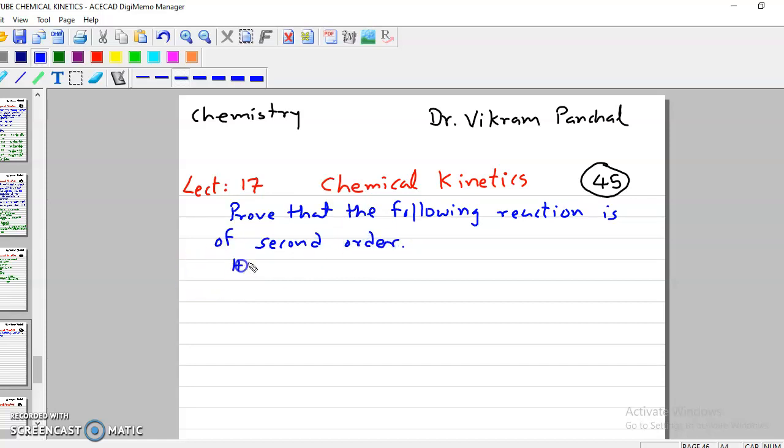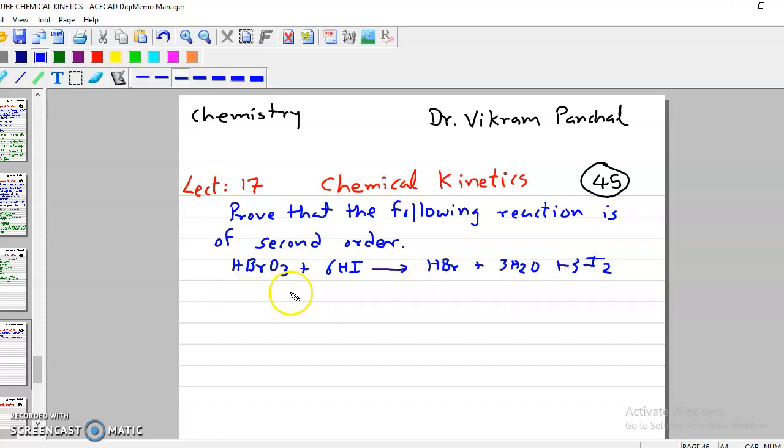The reaction is HBrO3 plus 6HI gives HBr plus H2O plus iodine.